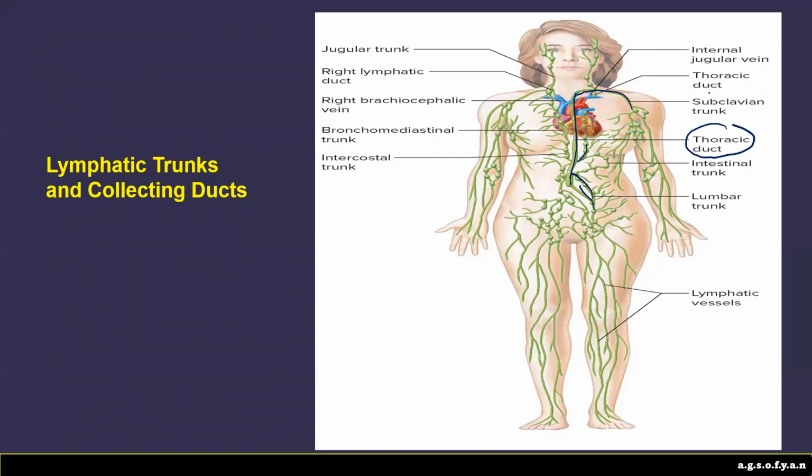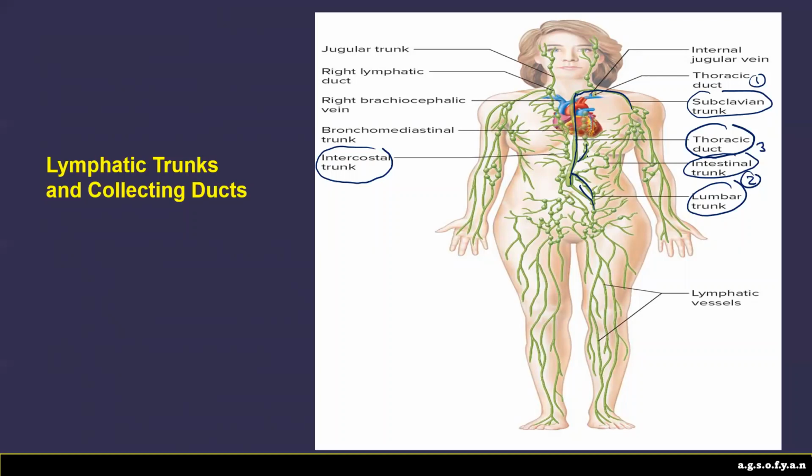So from the lumbar trunk, from the intestinal trunk, and also from this intercostal trunk, they will go also to this thoracic duct.